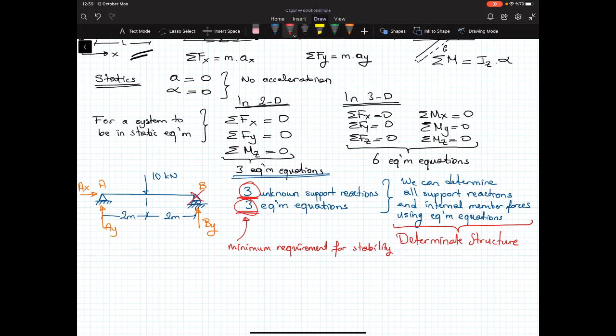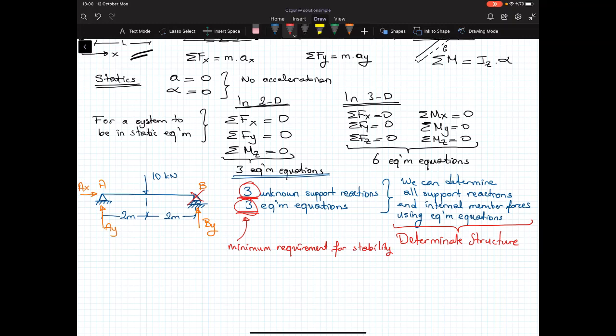If I remove that support B, it will start to rotate. So this structure will no longer be in static equilibrium. It will move, okay? So the minimum condition for a 2D structure is to have at least 3 unknown support reactions. So if you don't satisfy this 3 support reaction condition, in terms of statics, we say that your structure loses its stability, it will collapse.